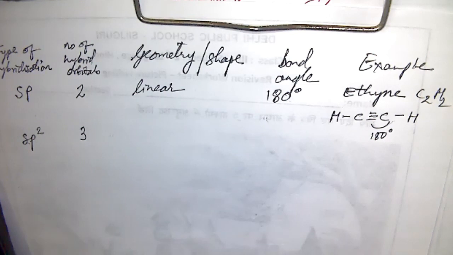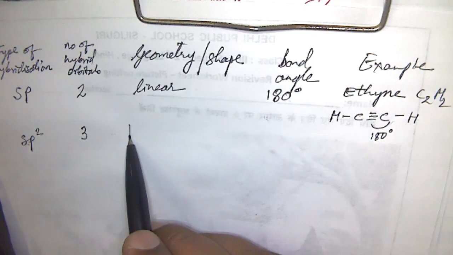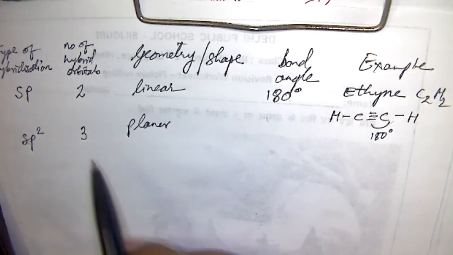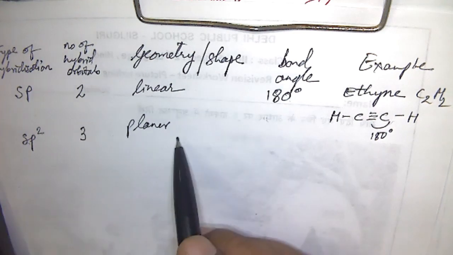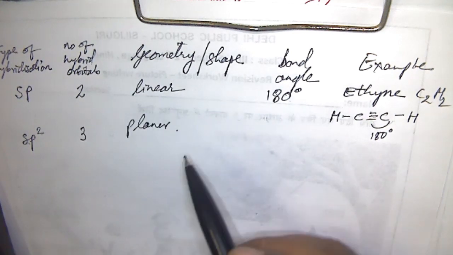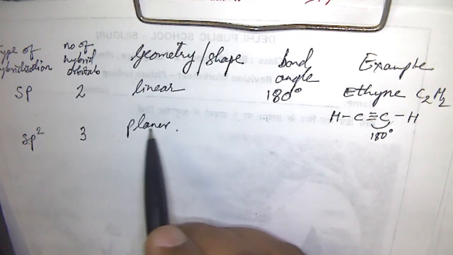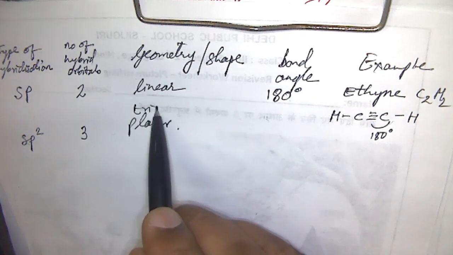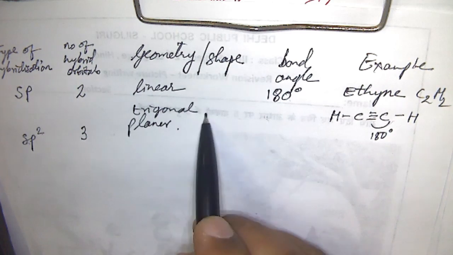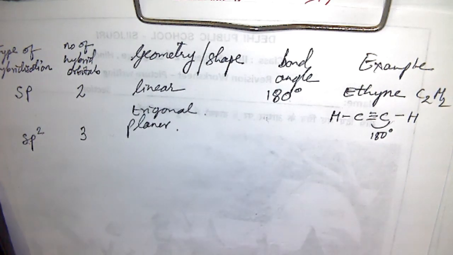So if I take this one, what will the shape be? It will be planar. And when 3 things are arranged, you can say trigonal also. So you can also call it trigonal planar.